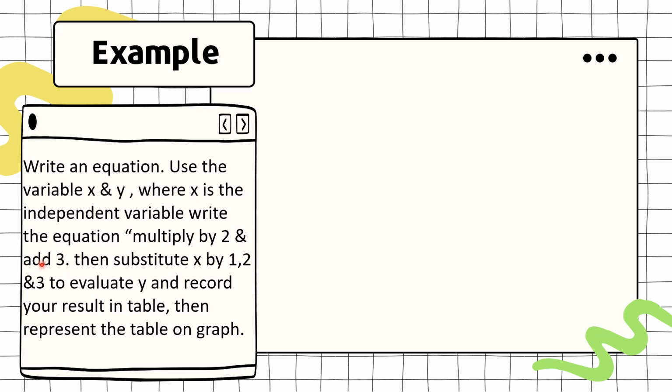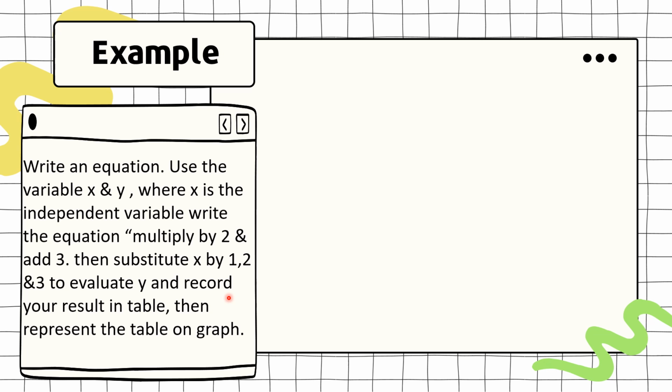The second requirement is to get the value of y if I have 1, 2, and 3 as the substitution of x. The third requirement is to record your result in a table. So I should write the substitution, not do it just in my mind.